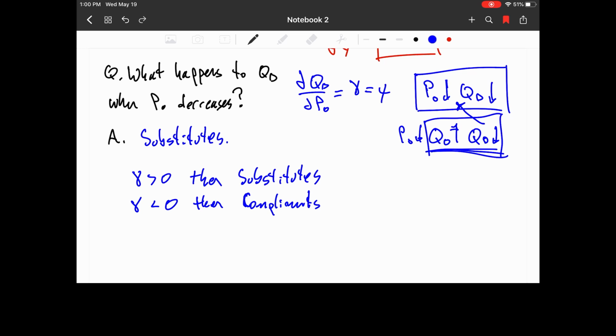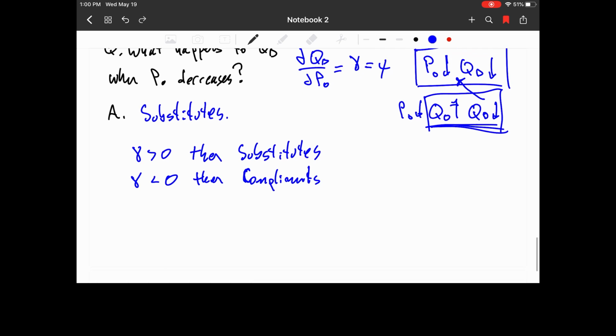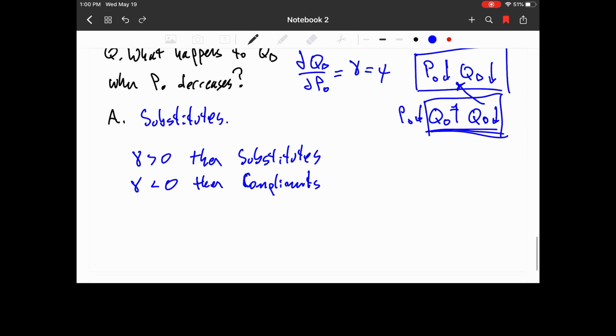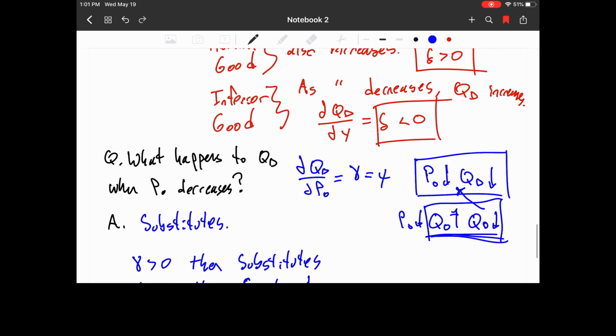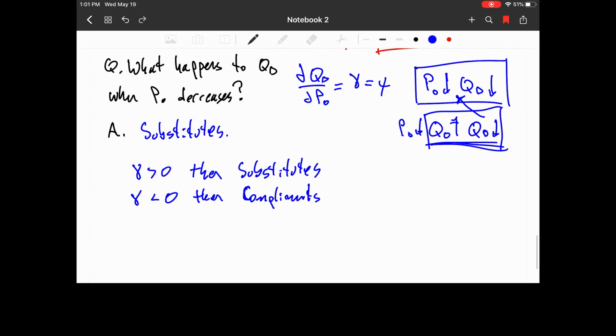Another thing we can do at this point is take the derivative of price with respect to the price of the other good. So the original question for the relationship between quantity demanded and prices was really just that.